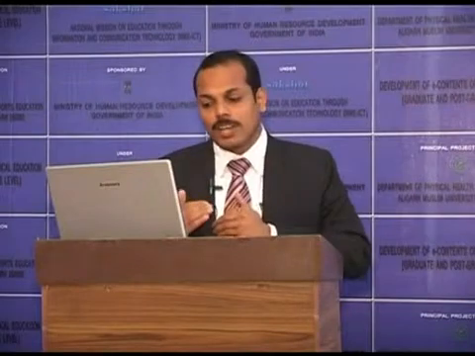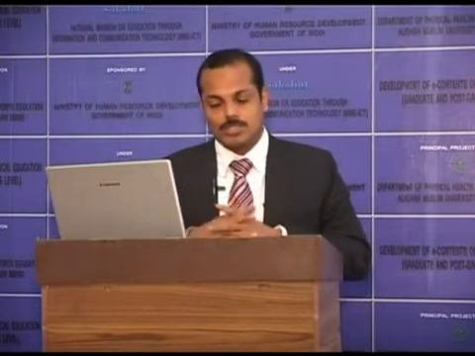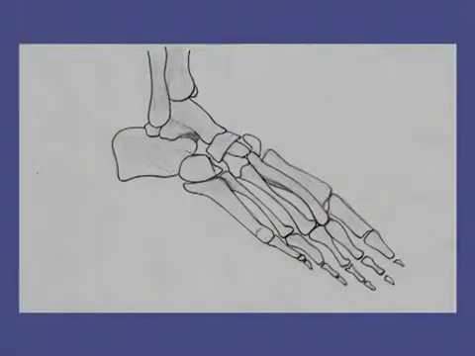The second one is an inferior or distal tibiofibular joint, also called the tibiofibular syndesmosis. And there is a middle tibiofibular joint, also called the interosseous joint or interosseous membrane. So between the tibia and fibula, there are three articulations: a superior, a middle, and an inferior articulation.